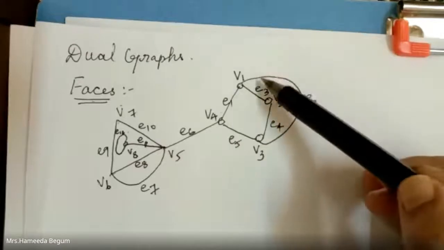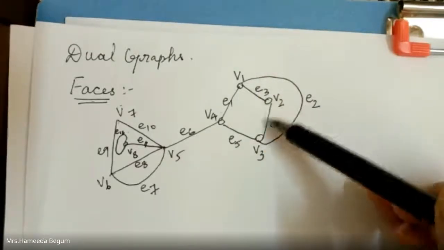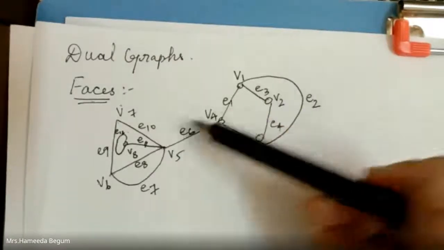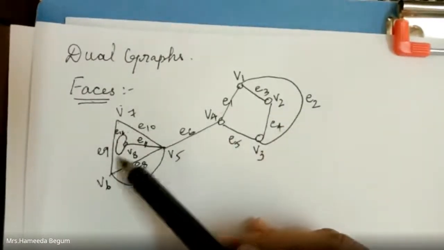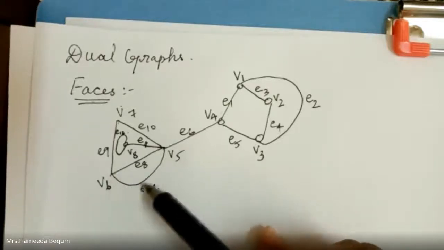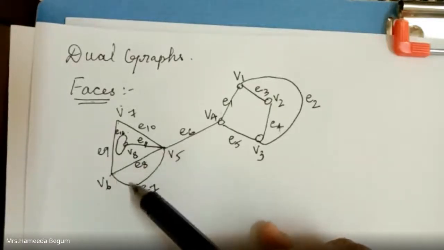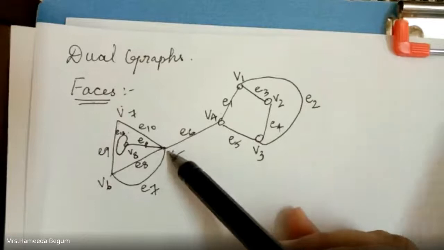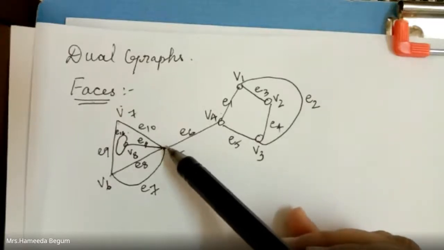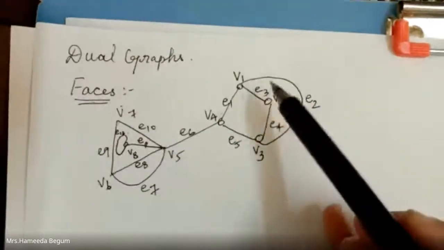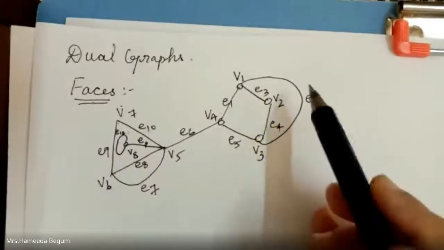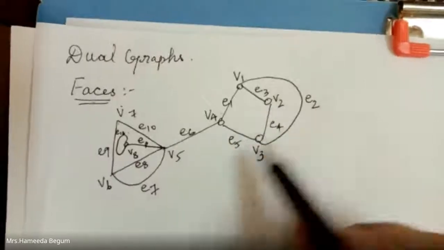Similarly, V1, V2 and V3 becomes another partition. And then I have another partition here, V6 and V5. If I consider these two vertices alone, there is another partition. Similarly, V7, V6 and V5 is one partition. So this plane graph is partitioned into several connected regions, and everything is connected.